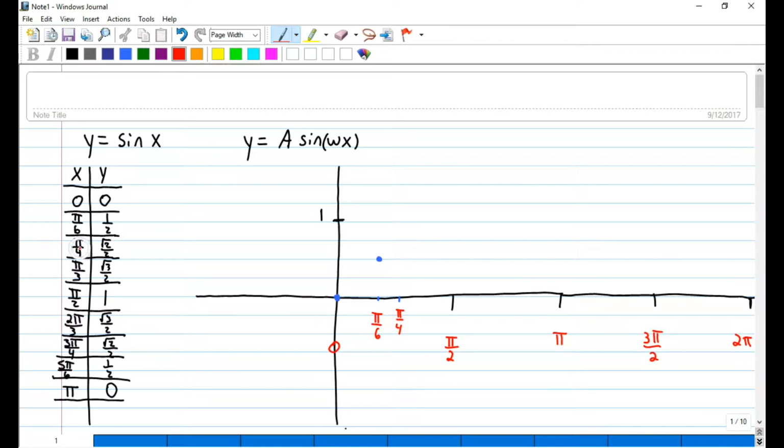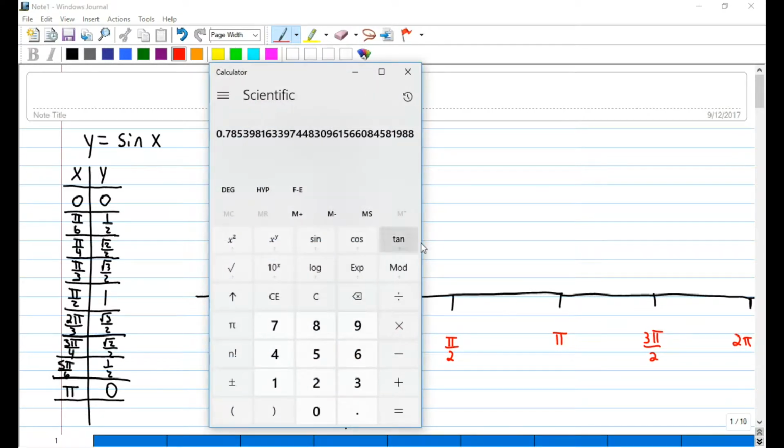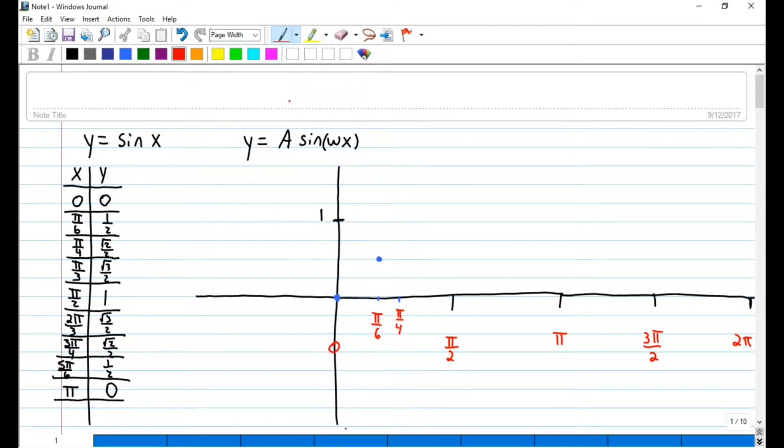Now at pi over 4, my y value is the square root of 2 over 2. So square root of 2 divided by 2 equals 0.707. All right, well, if this is 0.75, then 0.707 is going to be really close to it, but just underneath it. Okay, so it's going to be about right there.